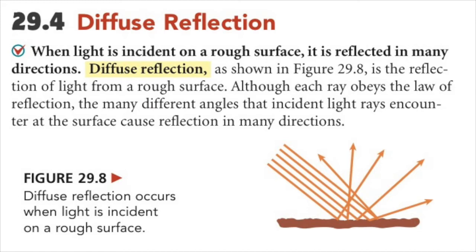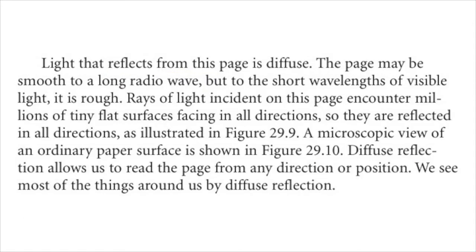Diffuse reflection occurs when light is incident on a rough surface. Light that reflects from this page is diffuse. The page may be smooth to a long radio wave, but to a short wavelength of visible light, it is rough.